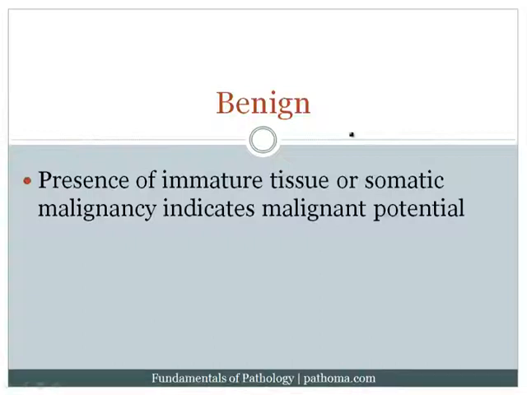Now you know that a teratoma contains all mature tissue, like mature skin, mature gut, mature bone, etc. It is possible that the tissue in the teratoma can actually have a cancer. For example, in the skin of the teratoma, you can have a squamous cell carcinoma, and that's called a somatic malignancy. And of course, that would also have malignant potential and could potentially spread in the patient.